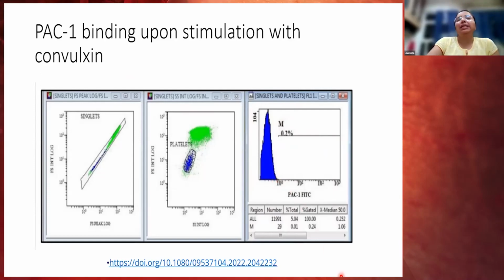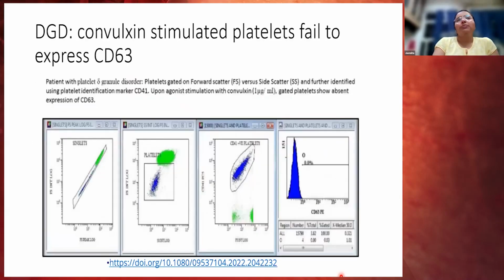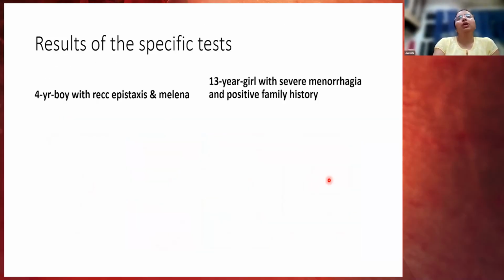However, the PAC1 is completely absent, which means that the GP2B3A was not activated here. Now, this is again convulxin stimulated platelets which are failing to express CD63, and this is a patient with delta granule disorder, and you have a complete absence of CD63, which should have been expressed if the dense granules were normal.